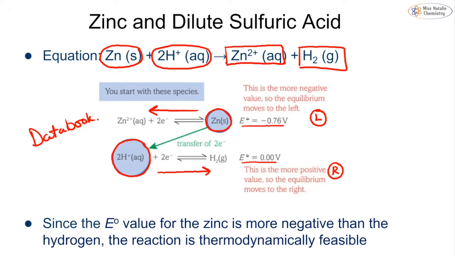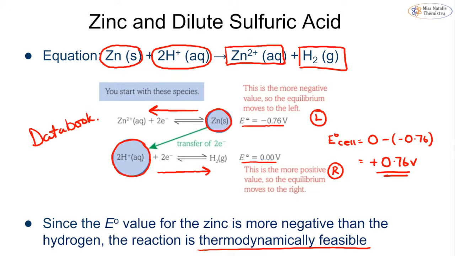And again, we can work out our E cell is going to be 0 minus negative 0.76, which gives plus 0.76 volts. So this is a thermodynamically feasible reaction. This is why zinc will react with dilute sulfuric acid. This is backing up what we already know from the reactivity series.